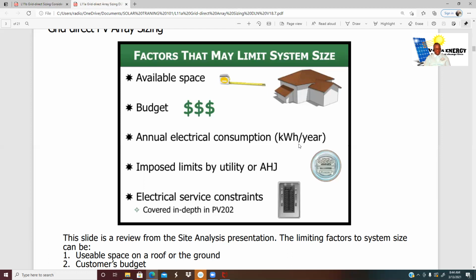For example, a company can tell you, if you want us to size a system based on your budget, it's $2 per watt. That means they have already factored in that they need an inverter, a charge controller, all of your wiring. They factor all of that and divide it by individual watts.